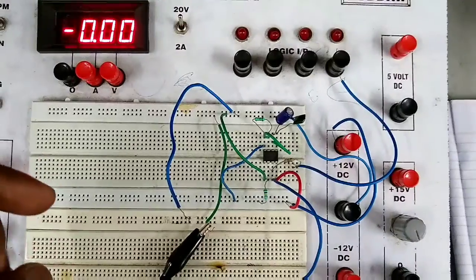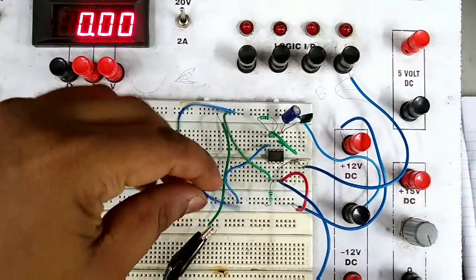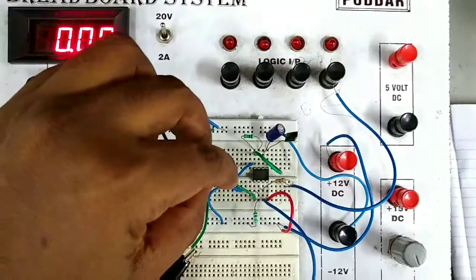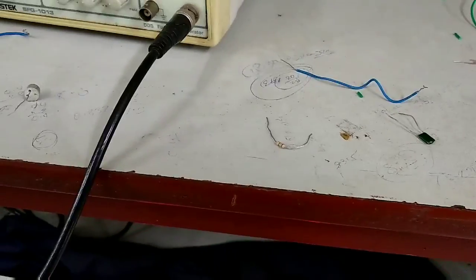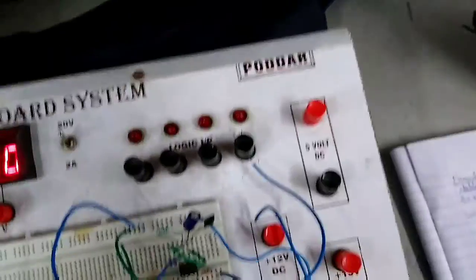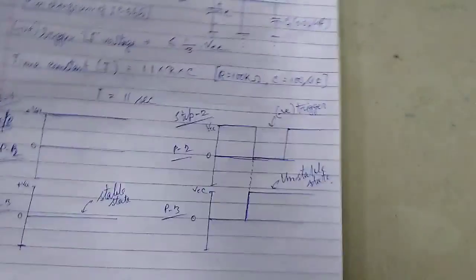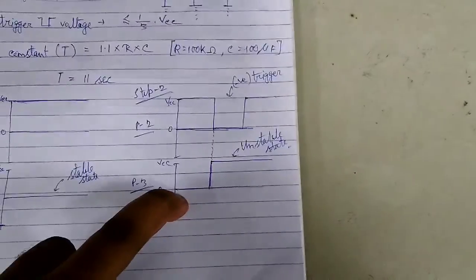When I am applying trigger here, trigger, see, now the LED is glowing and the output is high. See, the circuit will return to its initial condition automatically after 11 seconds.